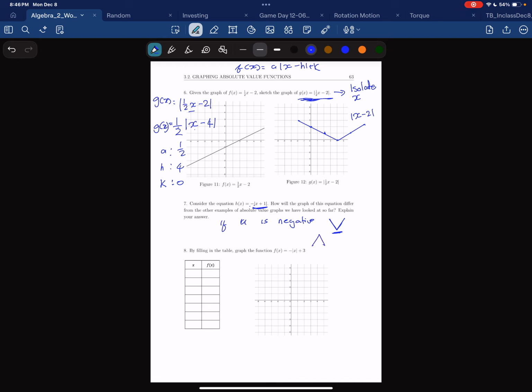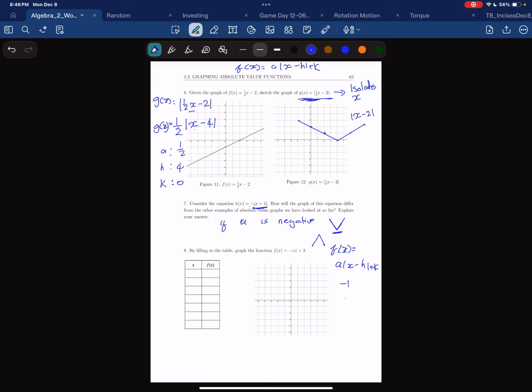And if I graph this function here, the negative of the absolute value of x plus 3. Well, if I pull up my general form, I put my general form here, so I can see what my H, K, and A look like. What's A? Well, A here is -1, all right?